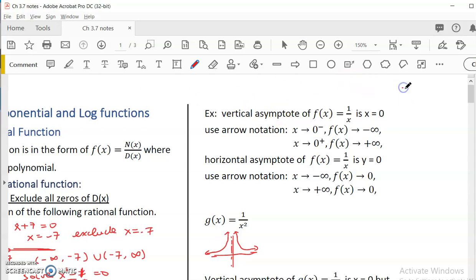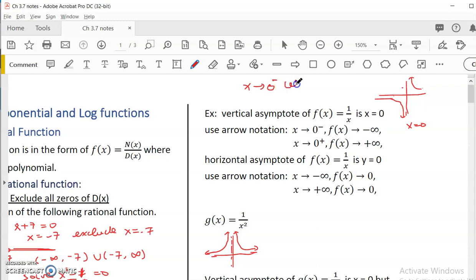So in the vertical asymptote, in our case, I'm going to redraw it here. On the graph on the left-hand side, when it is very close to x equal to 0, you can see that y itself actually shoots down, becomes negative infinity. And on the left-hand side, we use this notation, x approaches 0 negative.